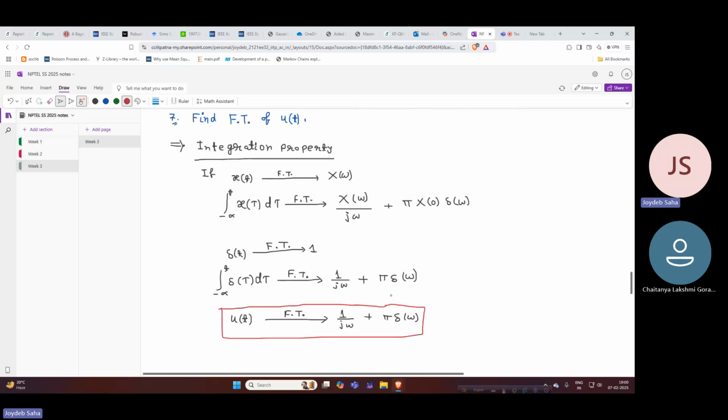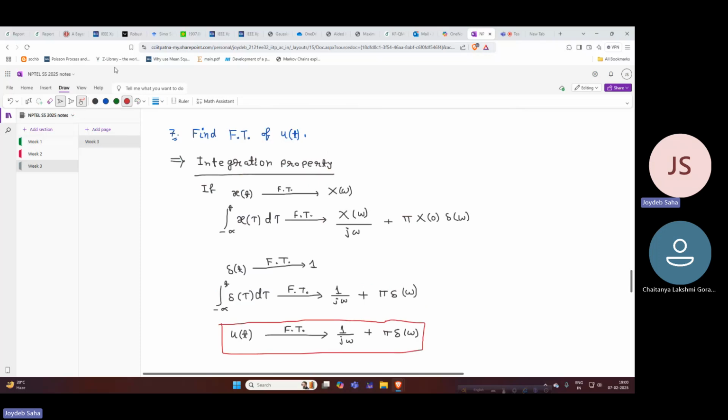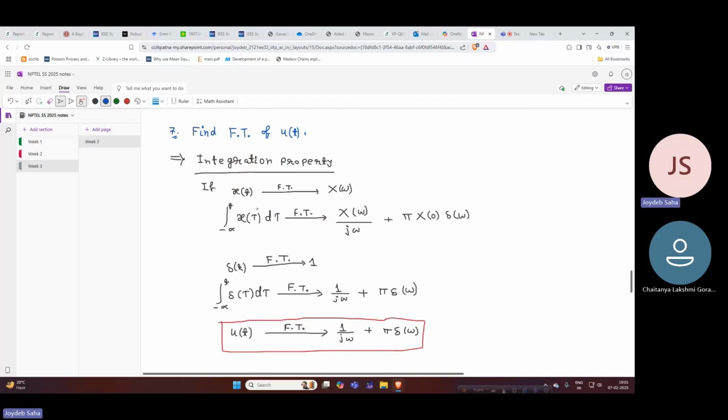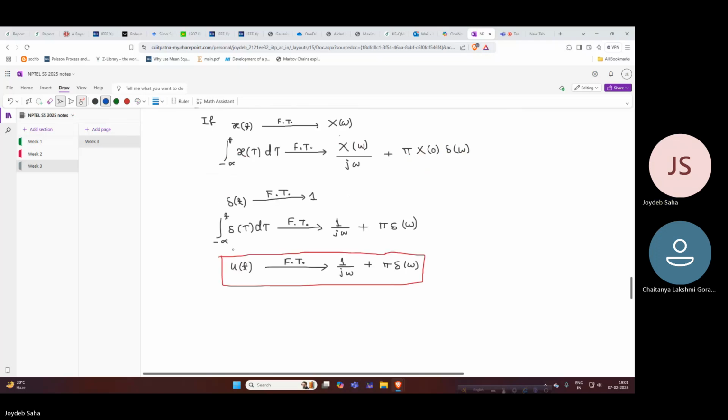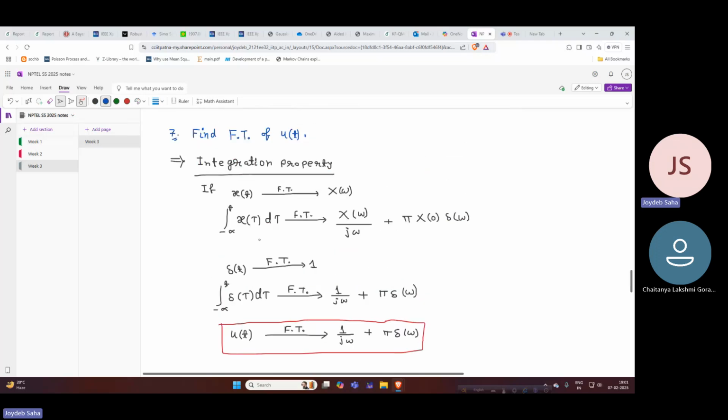Fine. Please take 2-3 minutes and try to understand what we have done here. Then we'll proceed further. Try to understand, because the next question is very related to this question.